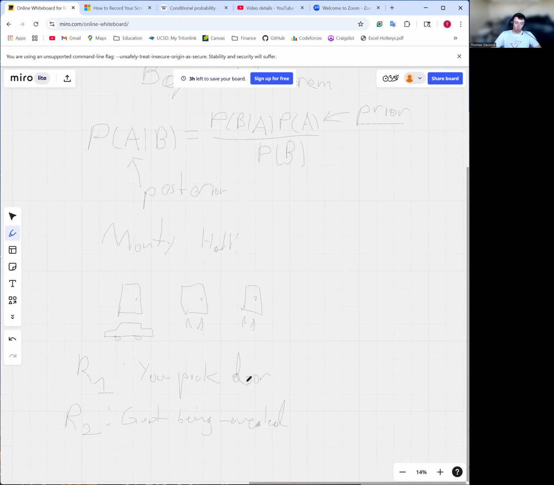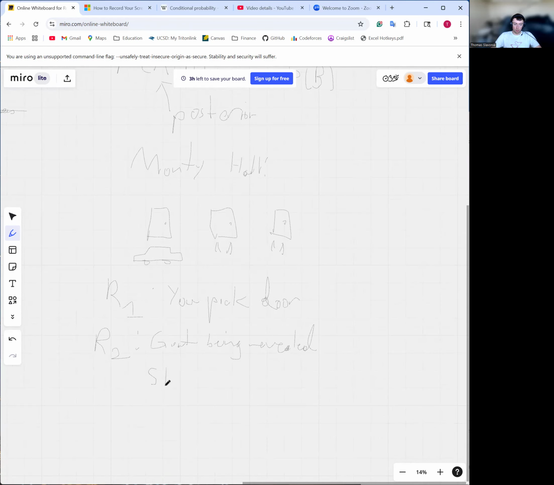But you can only choose one door, so there's two goats, so there's always going to be a door for the goat to be revealed. And then you either stay with your current pick or you swap doors.